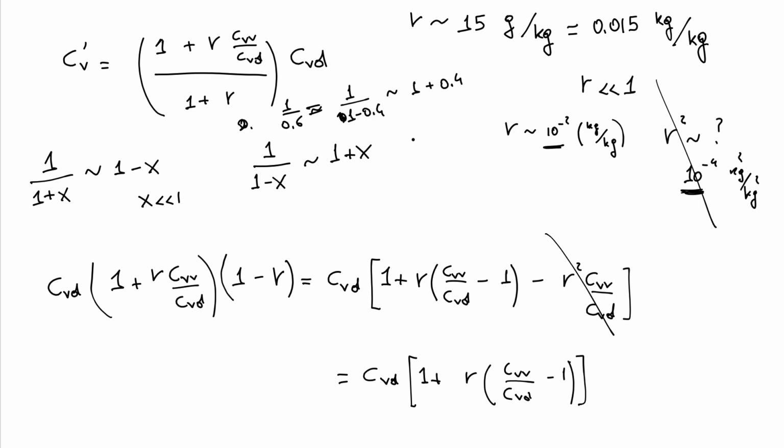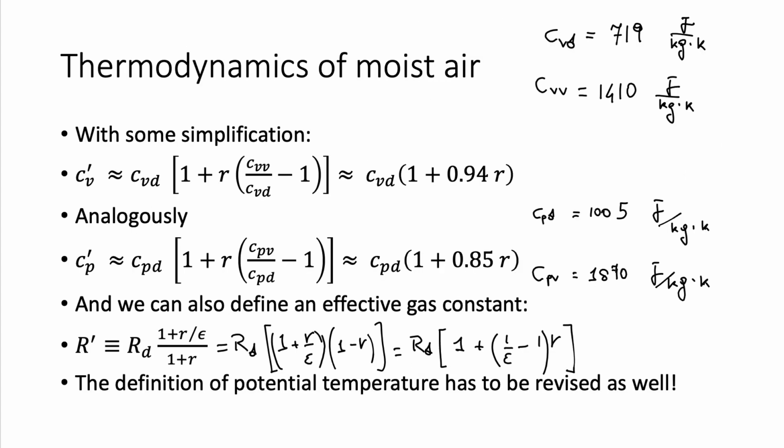Now, it's not exactly equal, so there will be additional terms, but it's a safe bet that this is pretty close to 1.4. So, FYI, I said 1.5, but yeah. A trick that you can remember in case you need to estimate things quickly. And so this is 1 plus 0.4, let's say, times R.